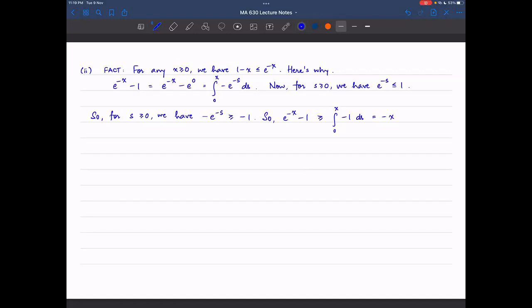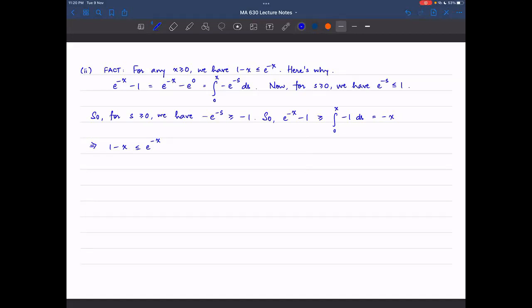And when I rearrange this, I'll take the 1 to the other side, so I'll get 1 minus x is less than or equal to e to the negative x. All right, so this proves the claim that we just made. This proves this fact about real numbers. Anyway, this is something that we will use in the proof of the second part of the Borel-Cantelli lemma.